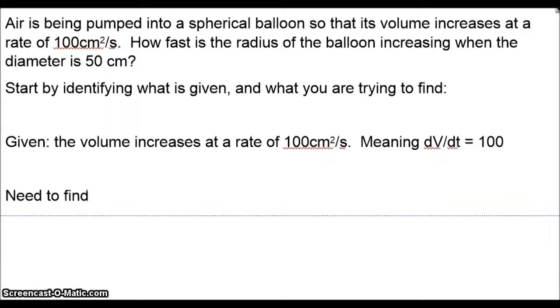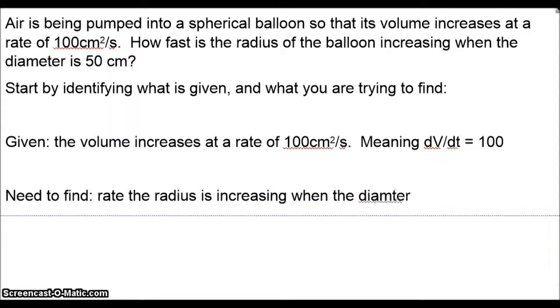We are trying to find now the rate, so another derivative, at which the radius of the balloon is increasing when the diameter is 50 centimeters.